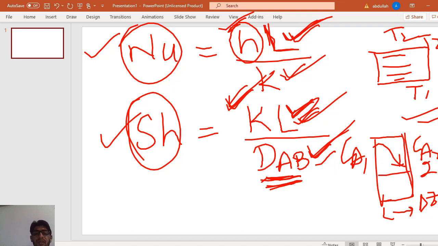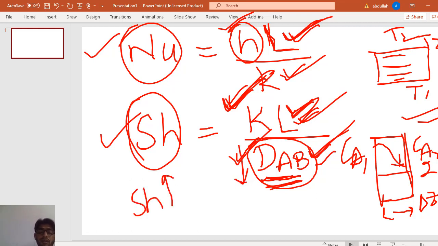Now the Sherwood number shows us the ratio of convective mass transfer to conductive mass transfer. If the conductive mass transfer, that is the diffusivity of component A in component B, is small, then the Sherwood number will be very high.